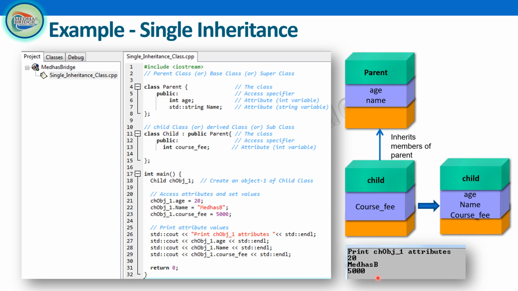If you look at this output, we were able to set the values in the initialization phase, and then we are accessing them from outside of the class because all three attributes are defined under the public access specifier, so we can access them from anywhere, right? This is a good concept of single inheritance.